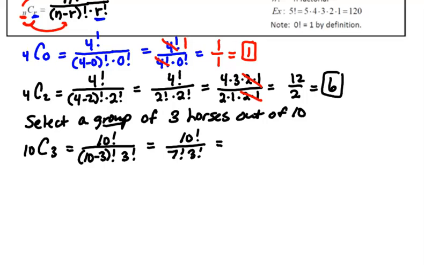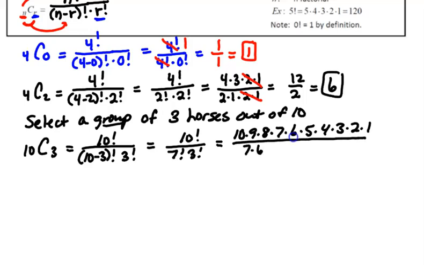So I'm going to write out my numerator. 10 times 9 times 8 times 7 times 6 times 5 times 4 times 3 times 2 times 1, all over 7 times 6 times 5 times 4 times 3 times 2 times 1 times 3 times 2 times 1.